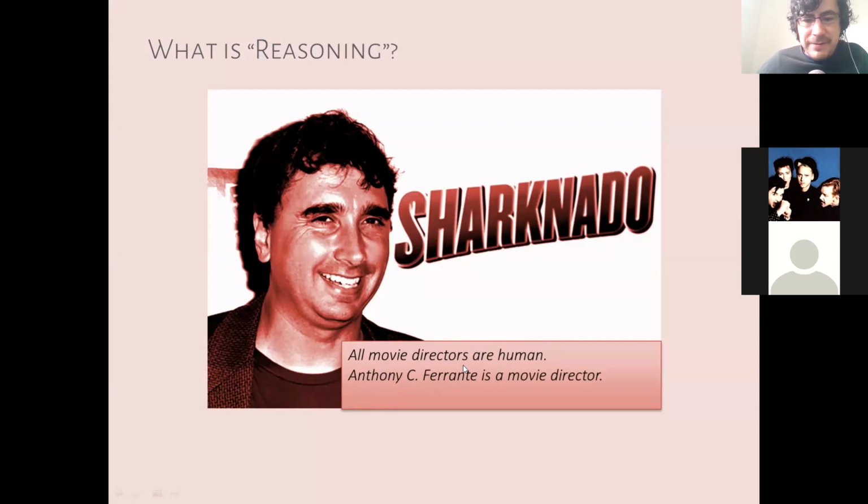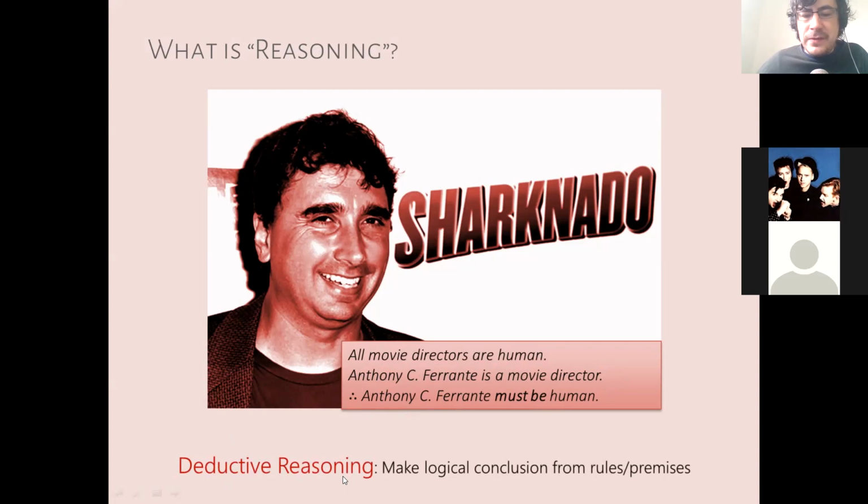Then we have a specific fact about Anthony Ferrante as a movie director. From this, we can infer that Anthony Ferrante must be human. This is sometimes known as a syllogism, where we have a rule and a fact, and we can apply the rule to the fact to derive a new fact. This is known as deductive reasoning, where we make logical conclusions from the data, from the rules or the premises. It's a very precise form of reasoning.